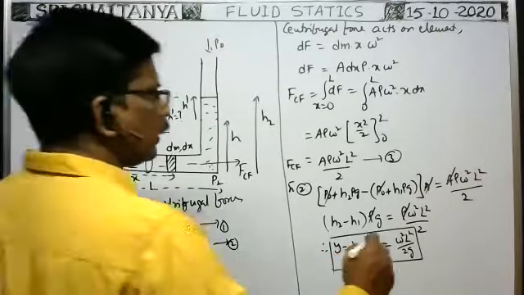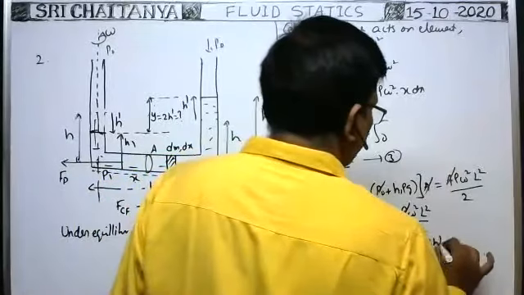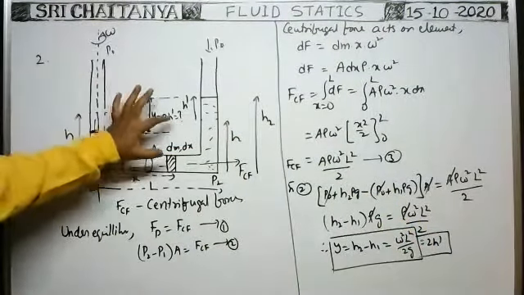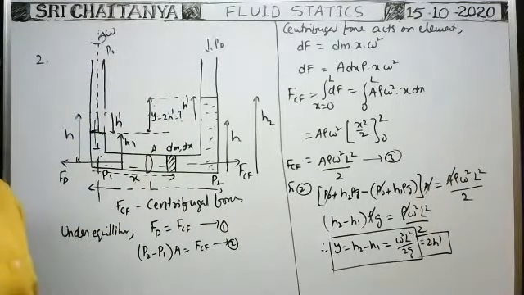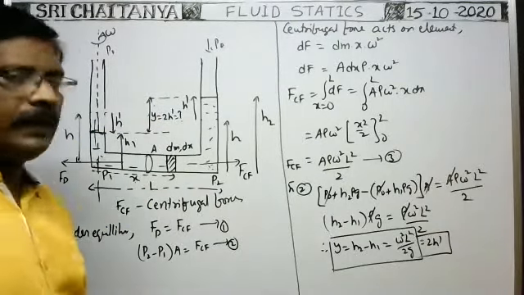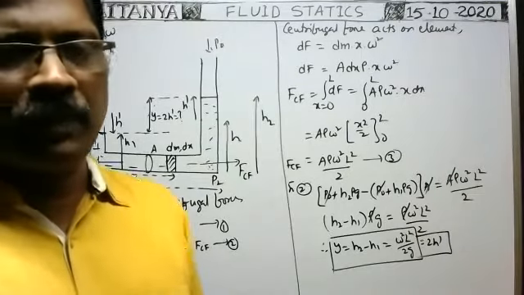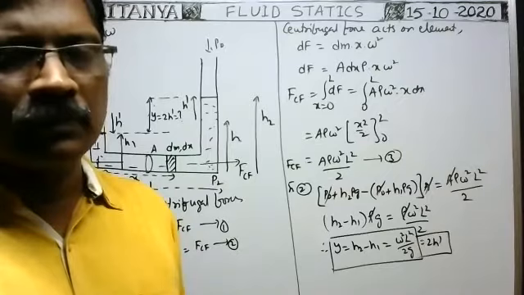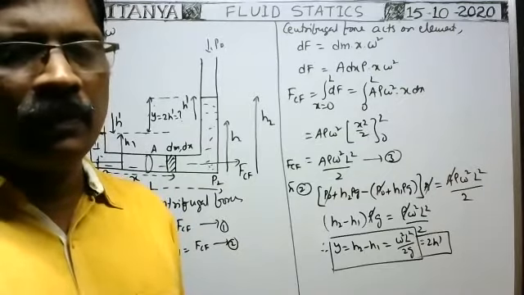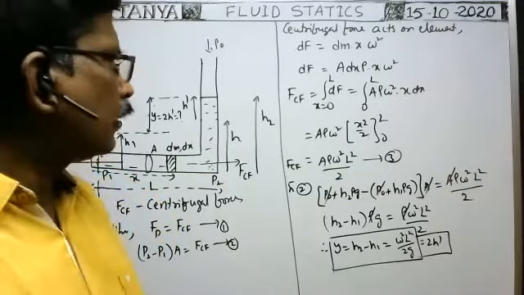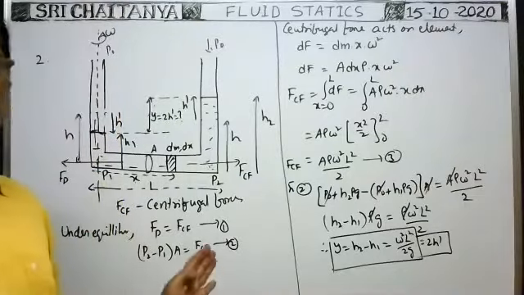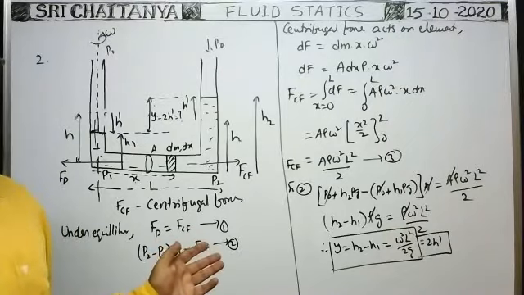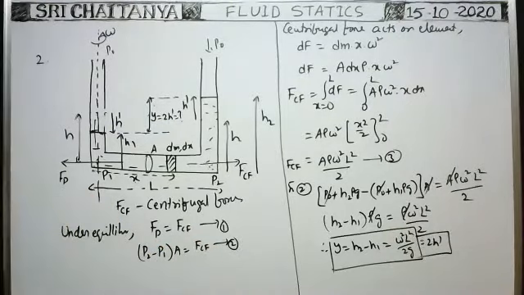This is equal to 2H dash, of course. This is equal to Y now. Y is equal to H dash. Okay, Sriram, understood? Right. Shall I erase now?